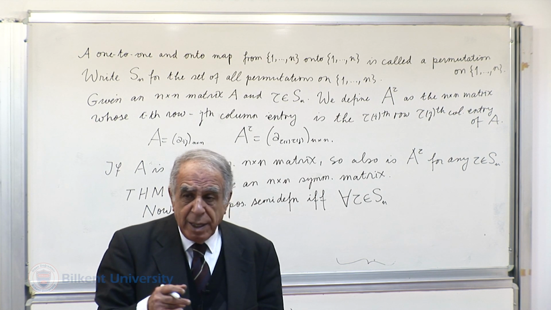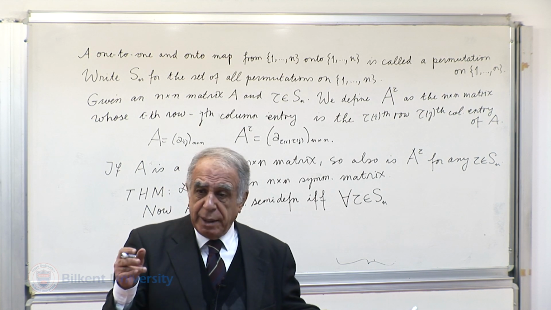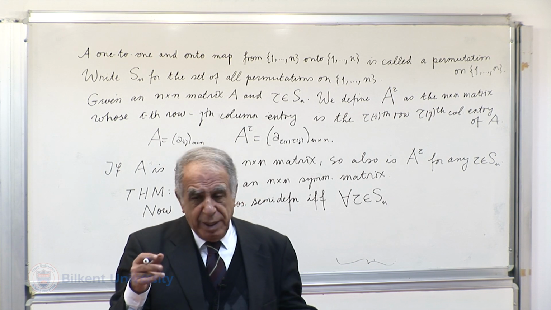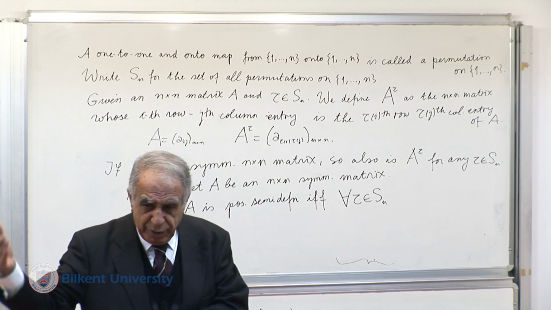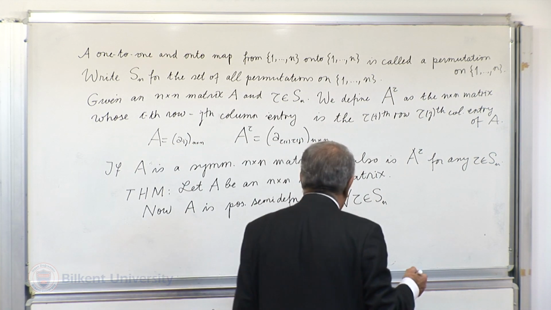Well, tau can be the identity map. Well, in that case, A tau will be A, so A will be considered as well.